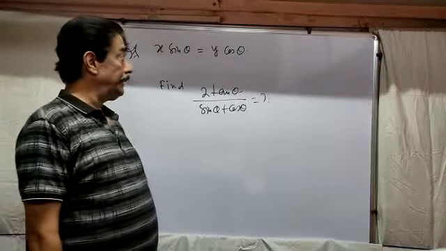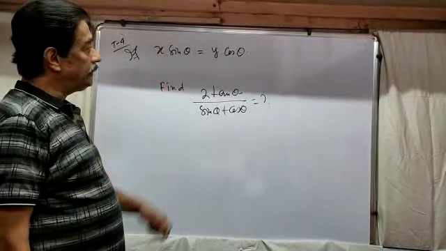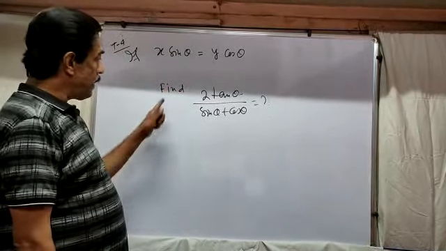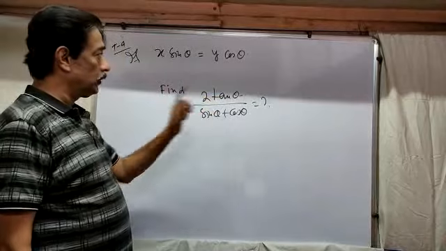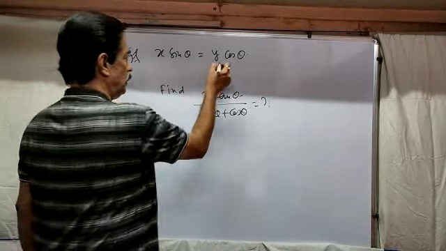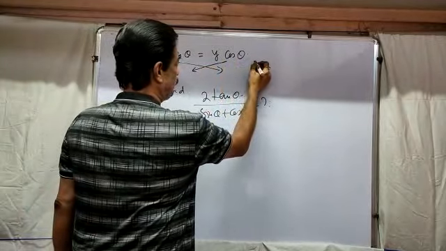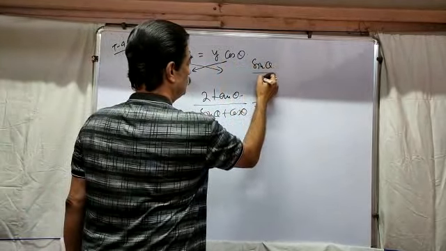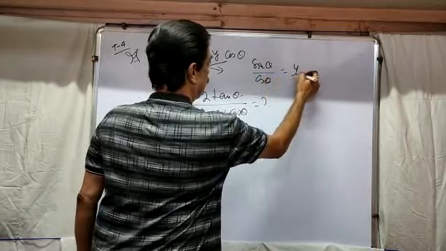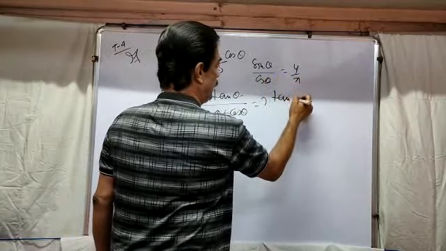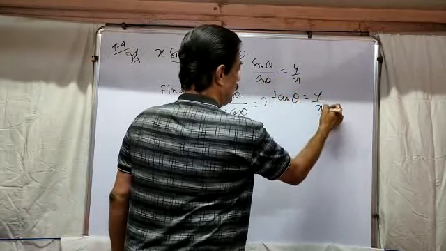How can we observe our next type? If x sin theta equal to y cos theta, then find the value of 2 tan theta by sin theta plus cos theta. Same rule: cos on this side, y on this side, x on this side. So sin theta by cos theta we can write as y by x. So tan theta equals y by x.